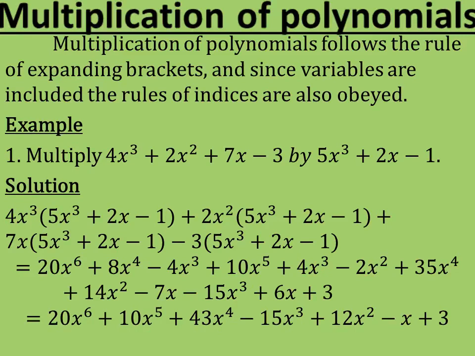we have two terms with x raised to power 2. The first term is minus 2x squared and the second term is plus 14x squared. So when we take away 2 from 14, we have 12, so we have 12x squared as our answer.